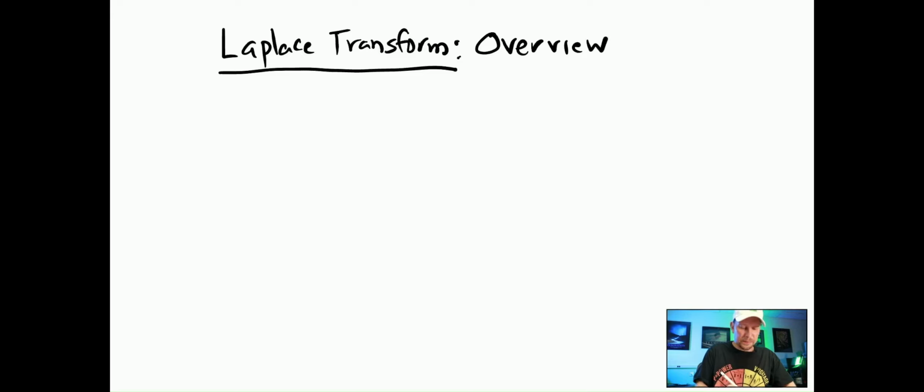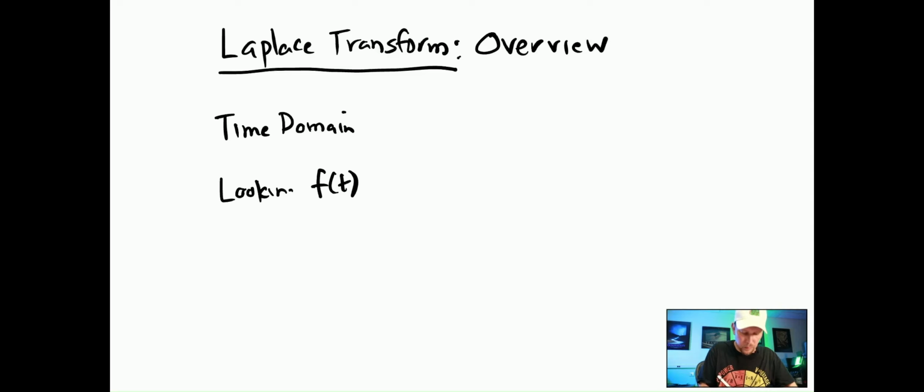Now, the basic idea is the following. Suppose that we start with a problem in the time domain, and there's some sort of parameter of interest that we're actually looking for. Maybe we're looking for some sort of function f of t. So here we're looking for f of t.